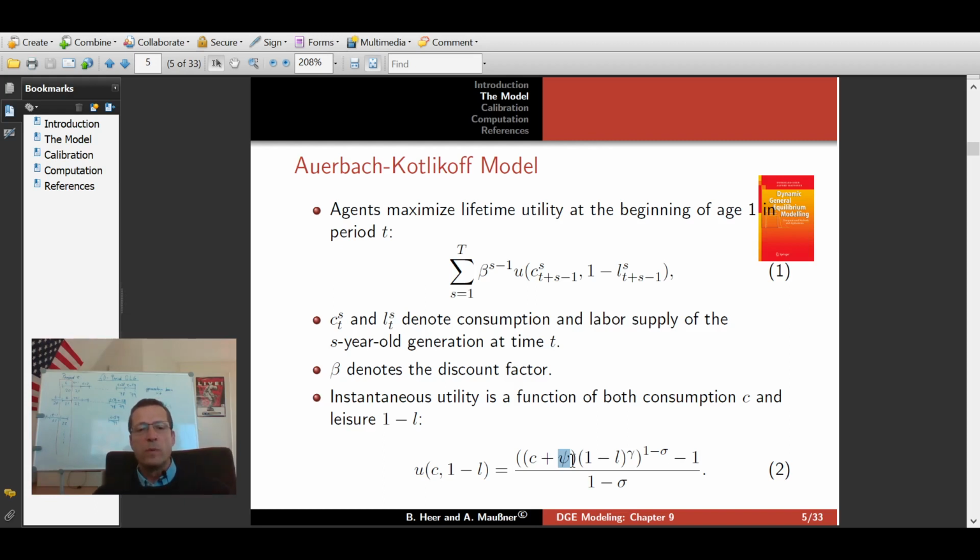Now we will find that this assumption is extremely convenient for one particular reason. When we compute the model with the help of value function iteration, we might have to evaluate this instantaneous utility function in our Matlab or Gauss program for zero consumption, c equal to 0. Now, since 1 minus sigma is equal to -1, if we have c to the power -1 and c is equal to 0, our computer program breaks down.